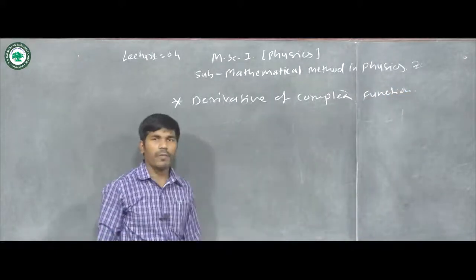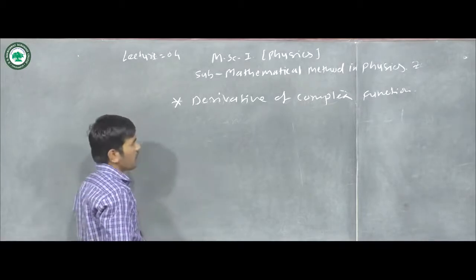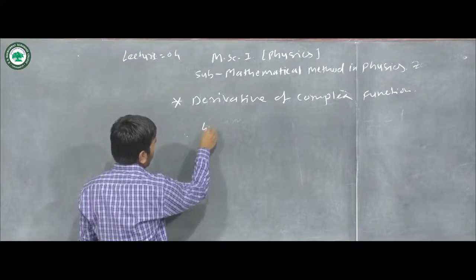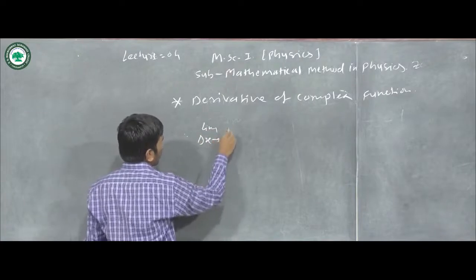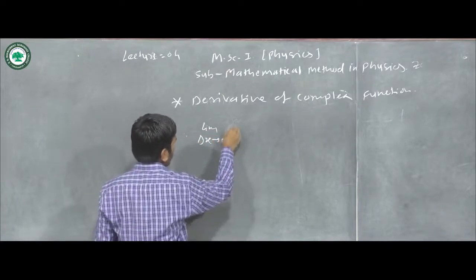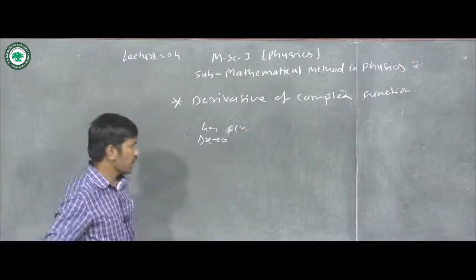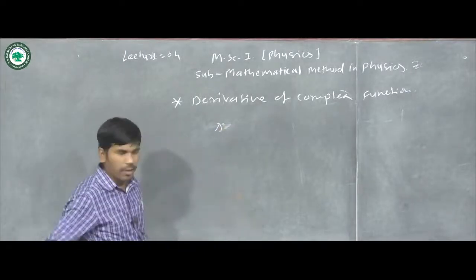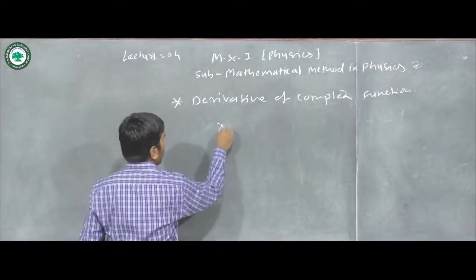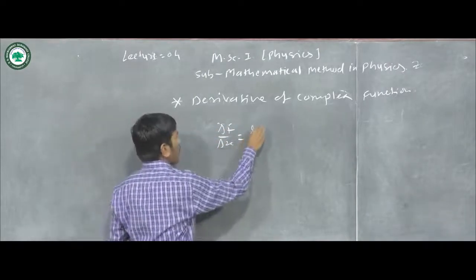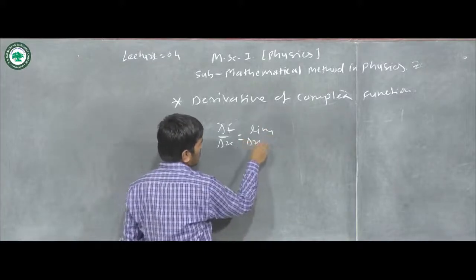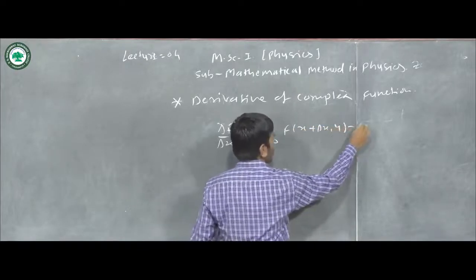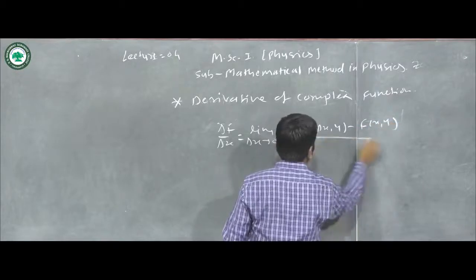When we studied partial differentiation, we know the definition: del f by del x is equal to the limit as del x tends to 0 of f(x plus del x, y) minus f(x, y) divided by del x.